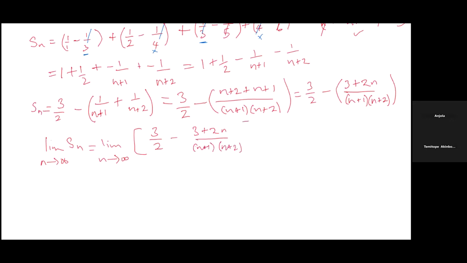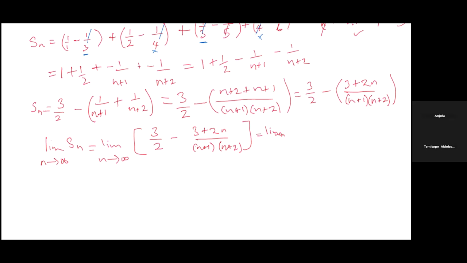Now, I can open up this denominator. If I open it up, I'm going to have it in quadratic. Do you agree with that?